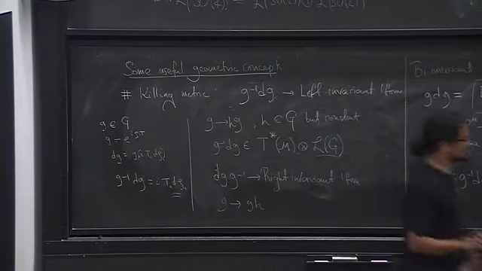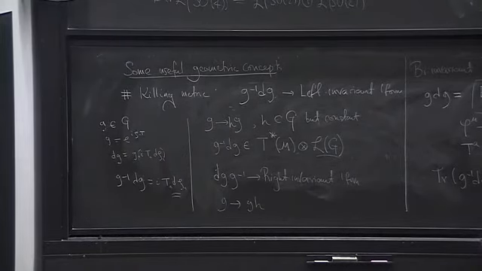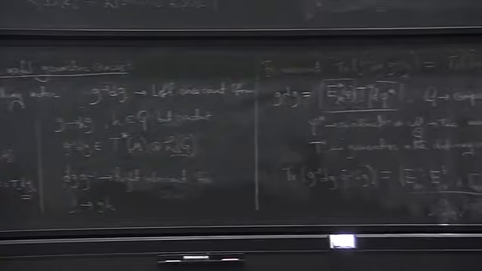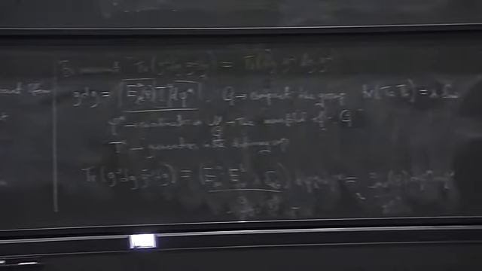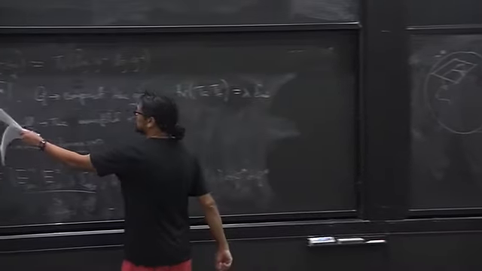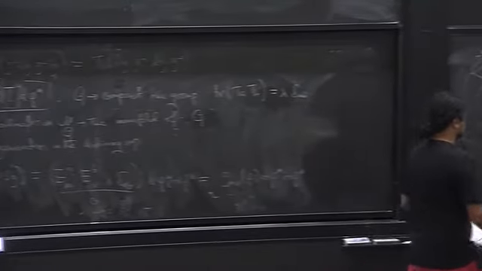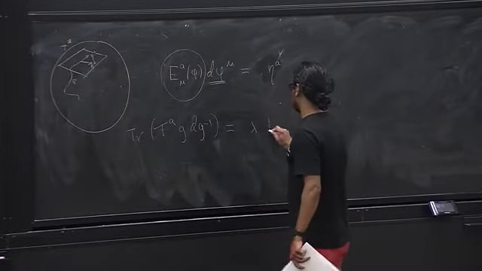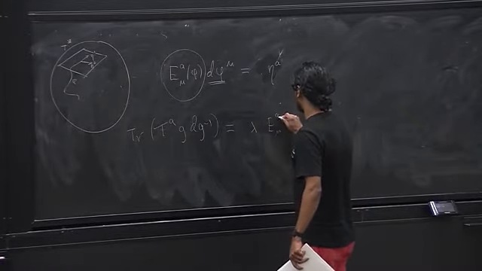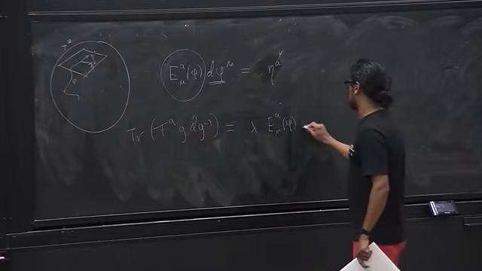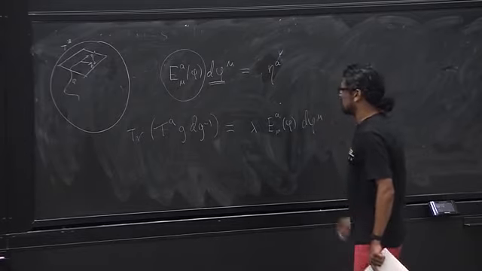So this is probably the answer to your question: if I now take T of A and say d of g inverse dg, and I take the trace of this thing, then I will get a delta from here, and so I will get some lambda times e of mu of A of phi, and then d of phi mu.